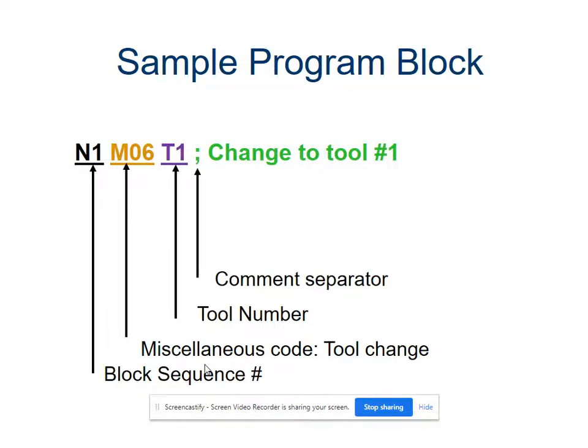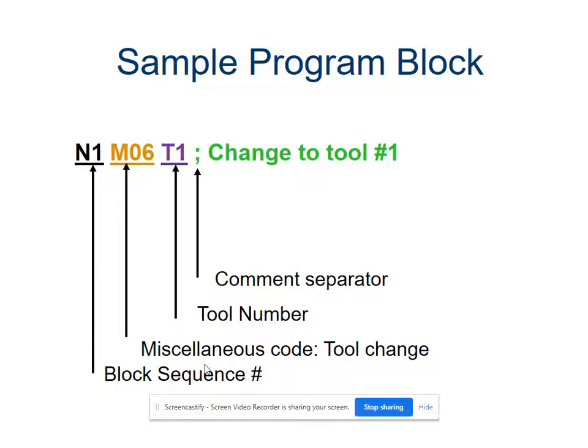After you do the code, what you do is you put in a semicolon. And a semicolon tells the computer that you are going to now add a comment. That's what this says. It says change to tool number 1. So the computer doesn't understand that comment, but we as humans know what it means, all right?